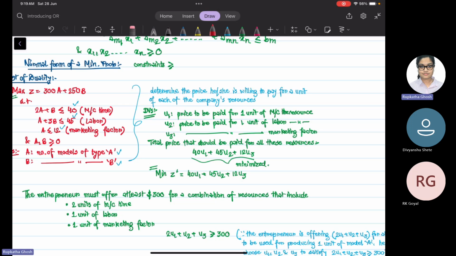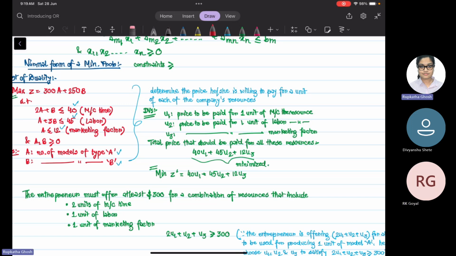Think. Goyal sir? Yes, so I mean these are variables and their value should be greater than or equal to zero, similar to the original problem. I could not understand the question precisely.